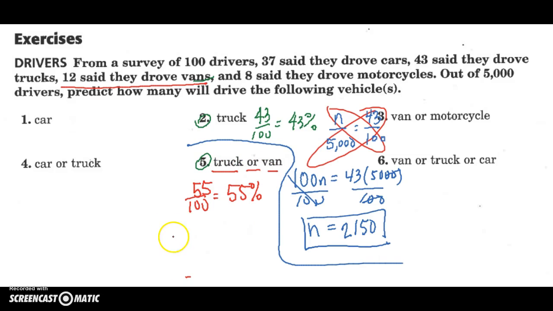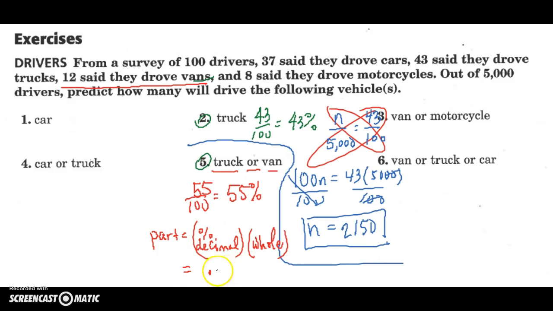So you can either set up a proportion, or if you remember, we also learned that part equals percent as a decimal times the whole. And that was a shortcut when we needed part. So I'm going to go ahead and say 0.55.